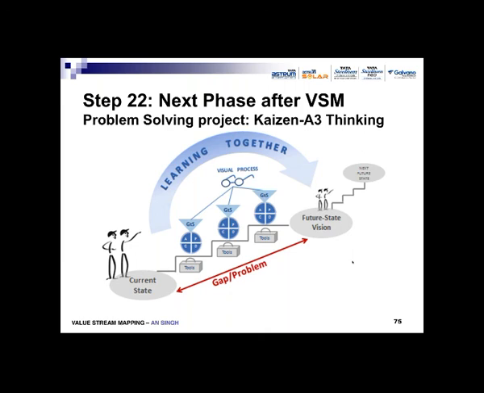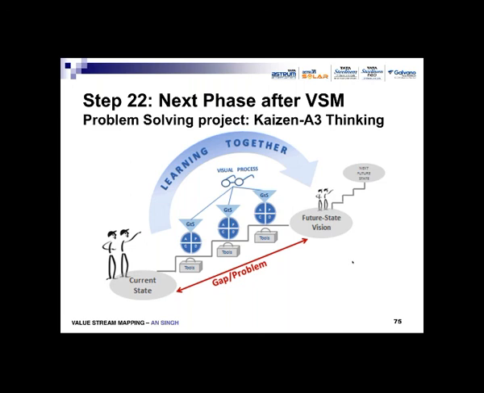Then, by learning the tools and applying problem solving techniques, the next phase is A3 thinking, through the 8-step PDCA approach. So we go on raising the performance of the process step by step, which can be continuously improved, and the next future state means there is an ideal state. In fact, there is no specific target for the ideal state.